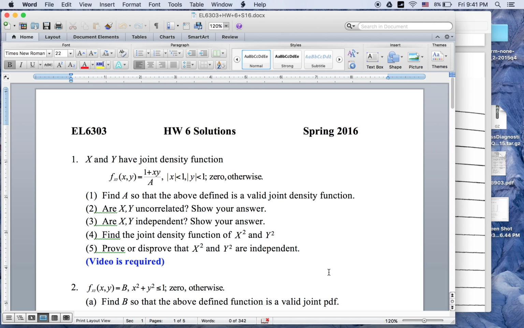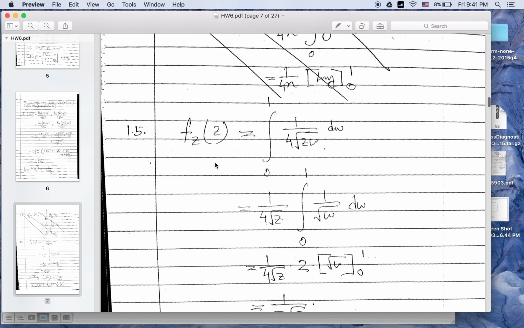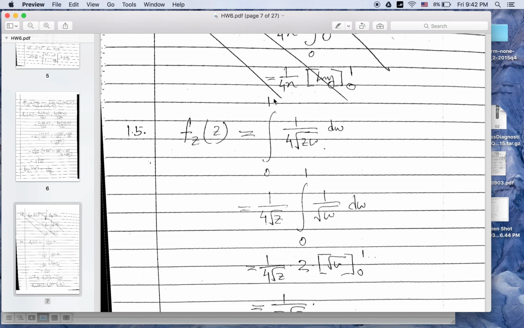Now let's look at the fifth part. The fifth part was to find out whether x square and y square are independent or not. Similarly, f of z equals the integration from 0 to 1 of 1 by 4 root zw. This limit comes to 0 to 1 because x lies between -1 and +1, so x square naturally lies between 0 and 1.